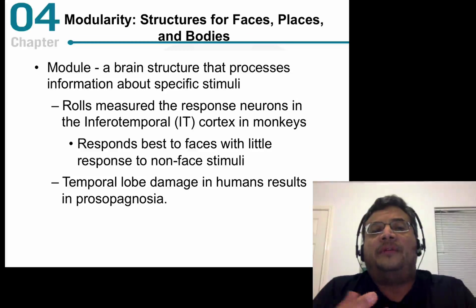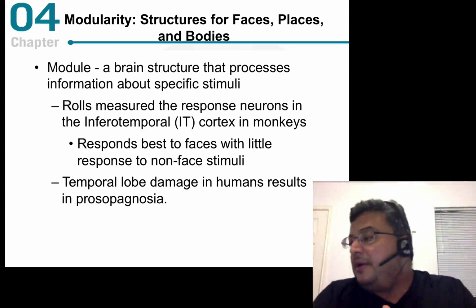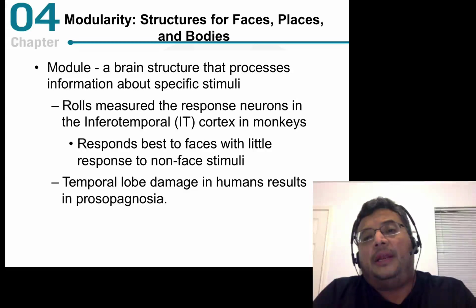One of the reasons this idea has been talked about is because of research that has been done in monkeys and in people that shows that we have specific areas of our brain that process faces, right?